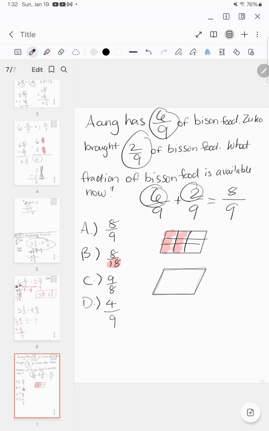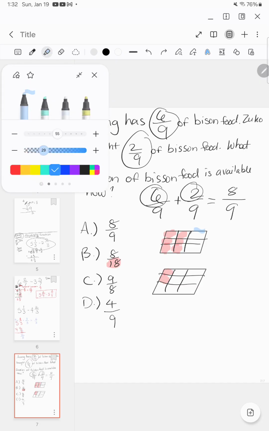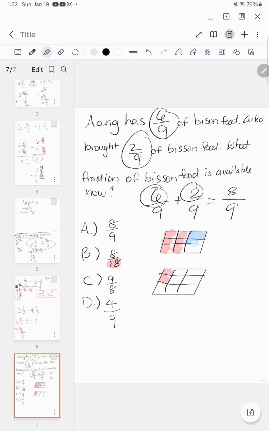Zuko still has 9 parts as well, but instead he just brought 2. Let me fix this so you can visualize. I want you to visualize and see why the denominator has to stay the same. We're not adding 18 parts. The parts stay the same.